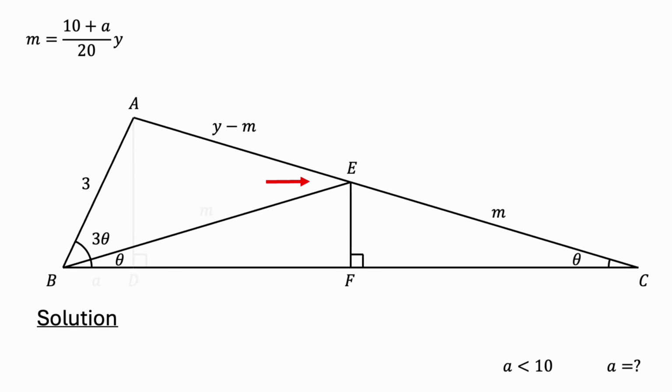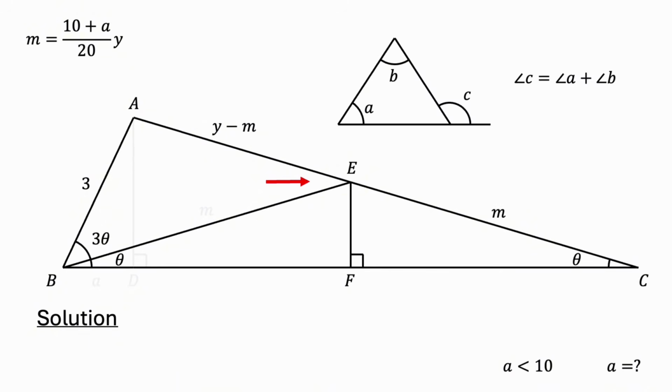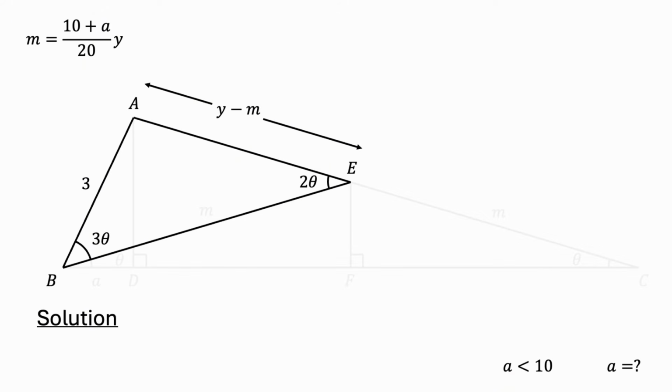Next, consider angle BEA, which is an exterior angle of triangle EBC. Since an exterior angle equals the sum of the interior opposite angles, angle BEA equals theta plus theta, or 2 theta. Following this, consider triangle ABE.